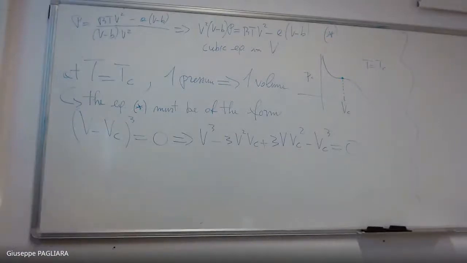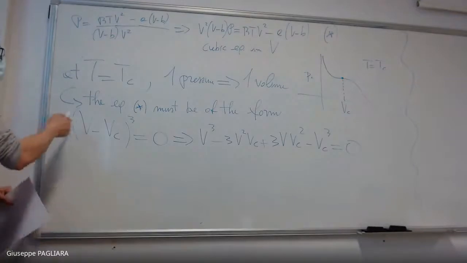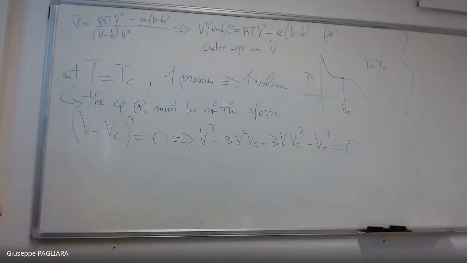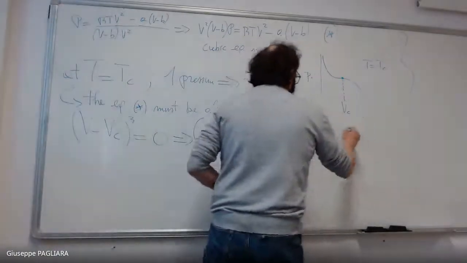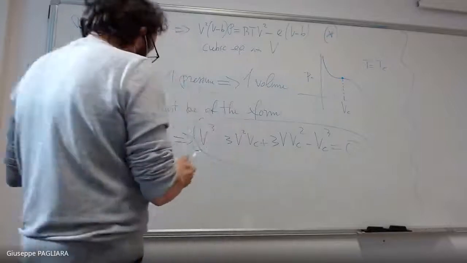This is just due to the fact that we have one solution, and since this is a cubic, this solution must be a triple solution. So we have something like V minus Vc to the power of 3 equal to 0.